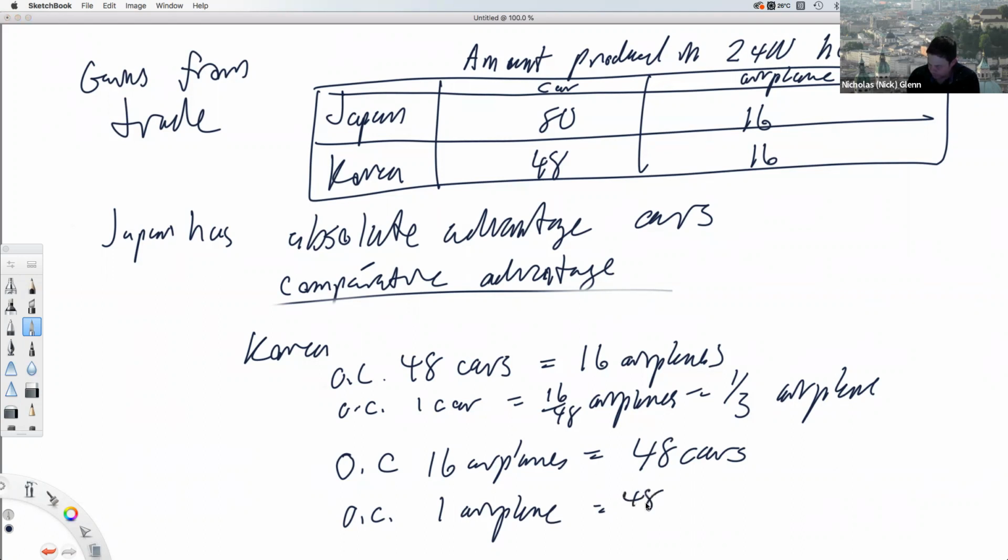Then you divide 48 by 16, and this will give you 3 cars. So if Korea decides to produce an additional airplane, they're going to have to give up 3 cars for that. So that's the opportunity cost of this airplane: 3 cars. All right, so let's see who has the comparative advantage in what. Let's rewrite this out.